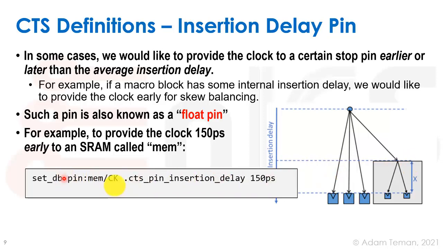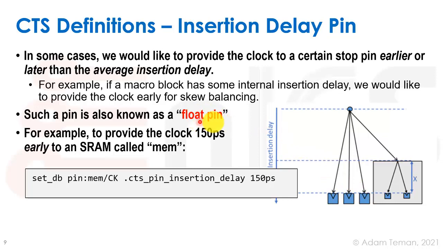So we're going to call this an insertion delay pin in the Cadence CCOpt tool. It's called cts_pin_insertion_delay, and we're going to give it a positive number. That means, listen, skew balance this 150 picoseconds before. So we're going to have this be 150 picoseconds before the point where we skew balance all of these guys.